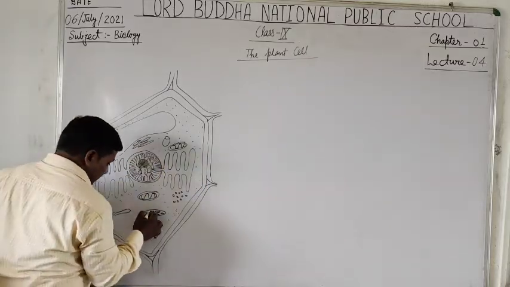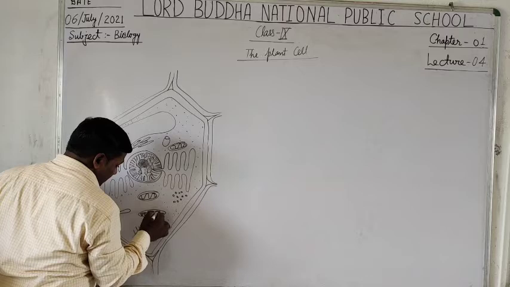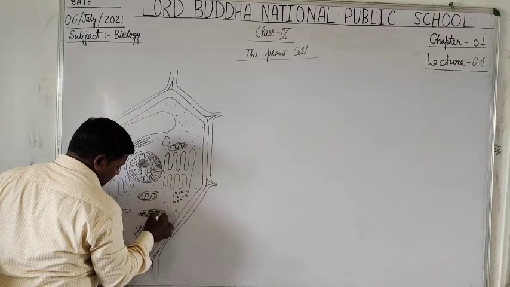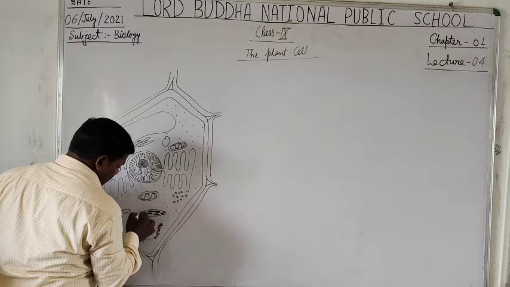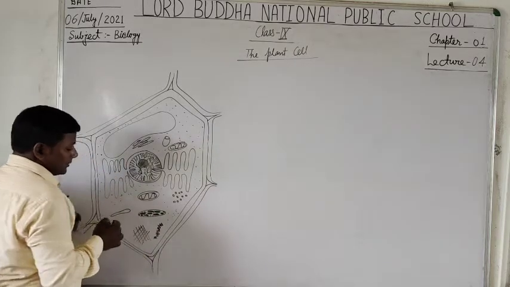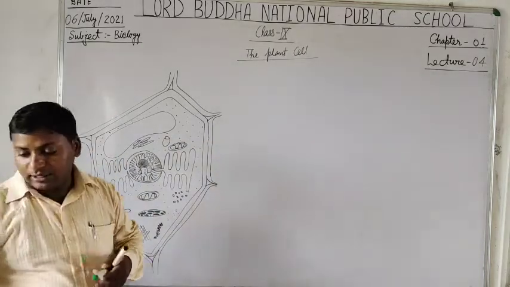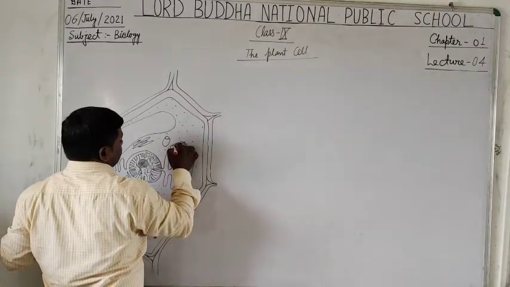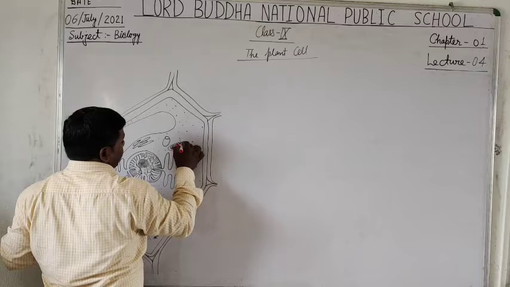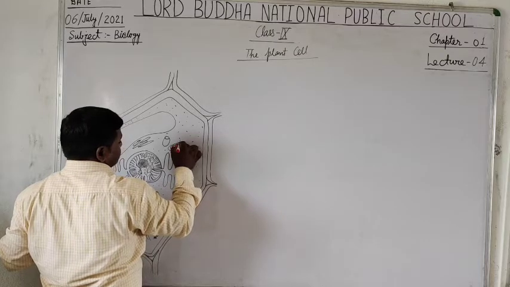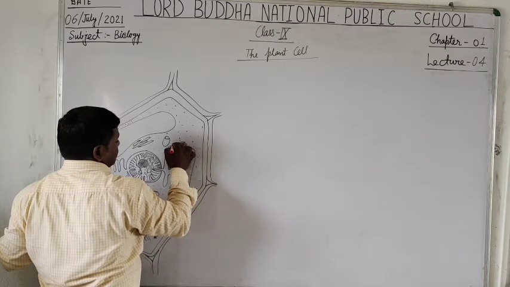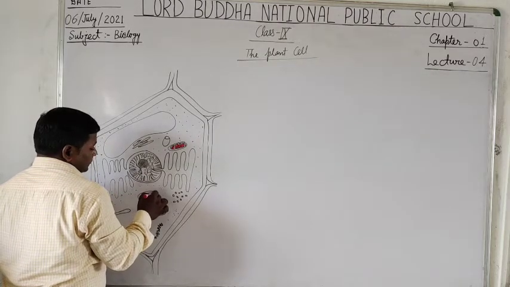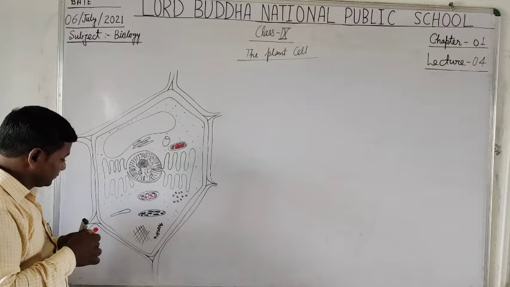And here I colored it because this is the chloroplast. Chloroplasts are regarded as the kitchen house of the cell, and they help in the formation of food in plants, because these contain chlorophyll, and these are the mitochondria, the powerhouse of the cell.